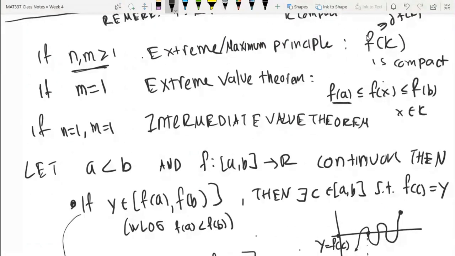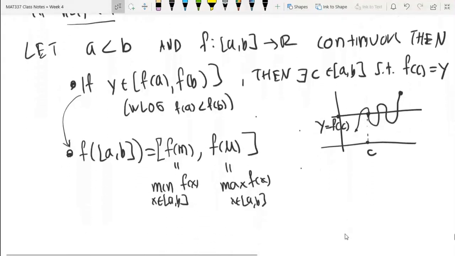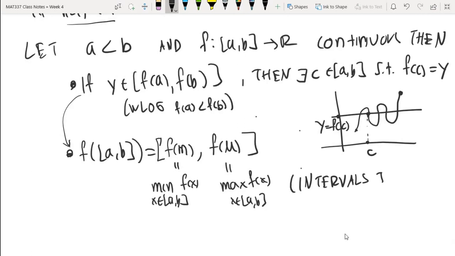Then if you map to 1D, you even have a nice ordering. And furthermore, if you map from R to R, you map intervals to intervals. So it becomes more and more regular. All right. Is that okay?